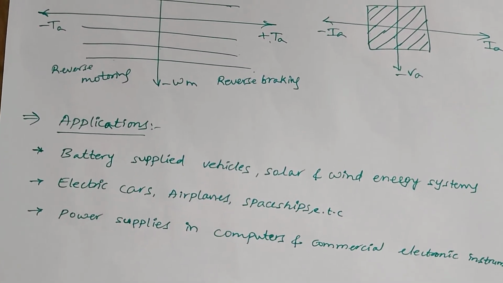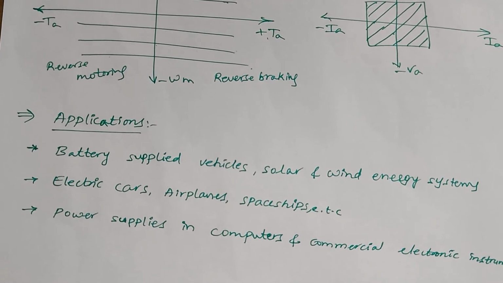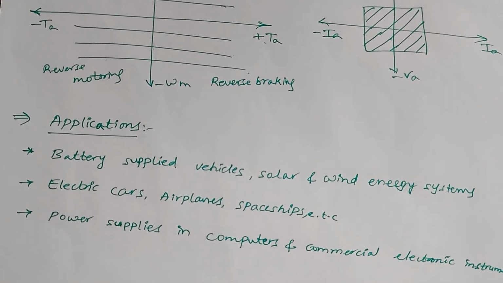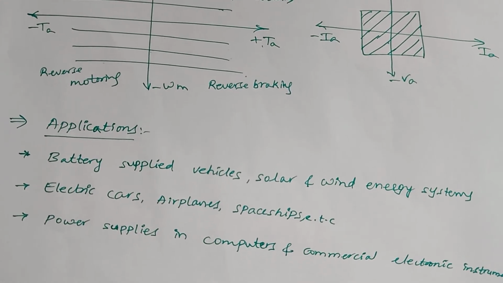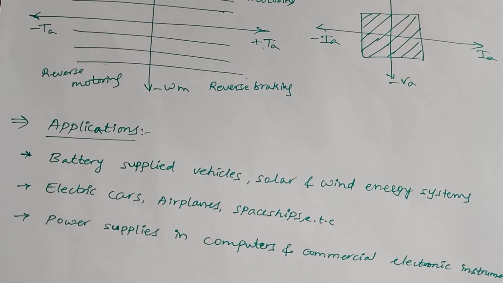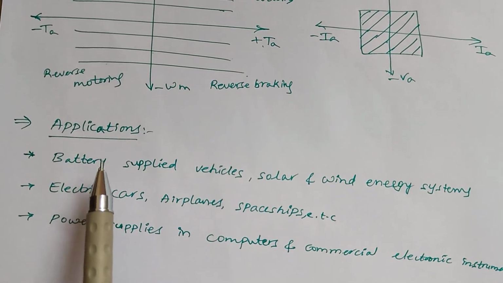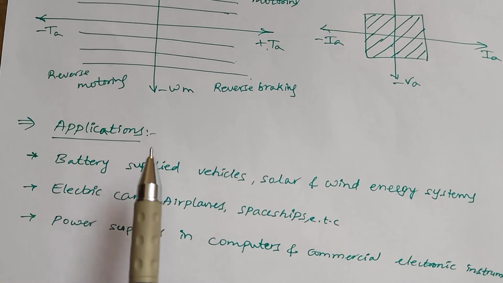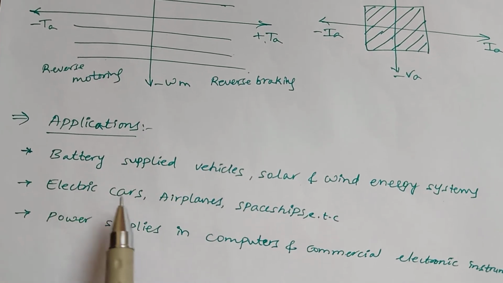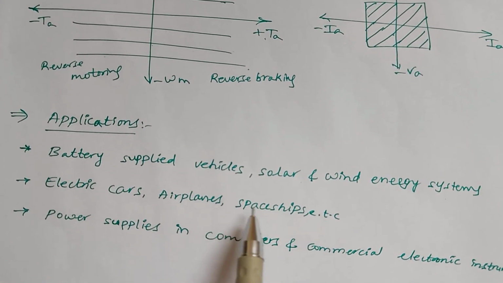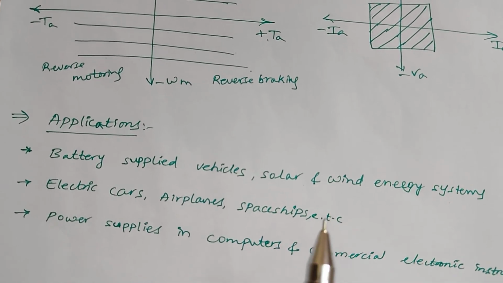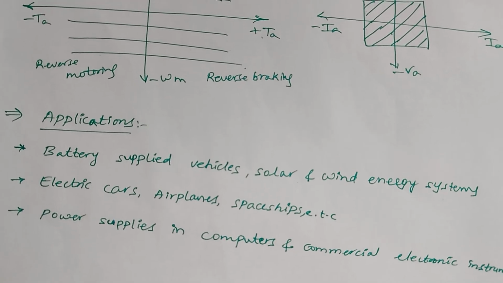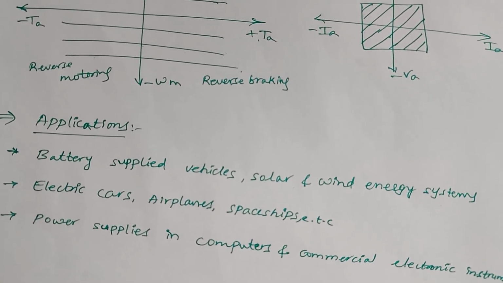This four quadrant operation is very important and has multiple applications, because we require four quadrant drives in real time applications. Most applications like battery supplied vehicles, solar and wind energy systems, electric cars, airplanes or spaceships also use these four quadrant drives.